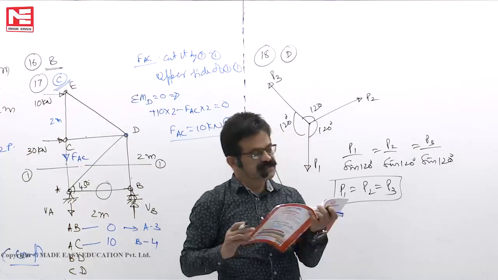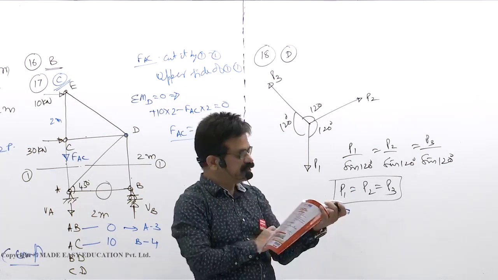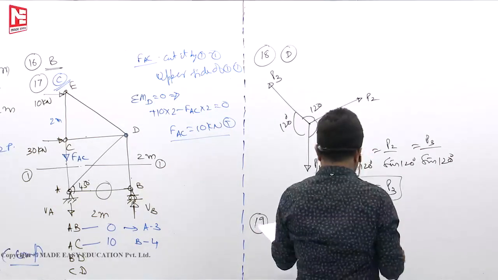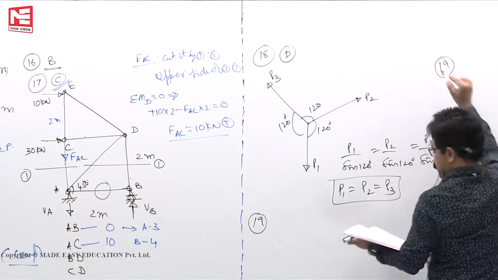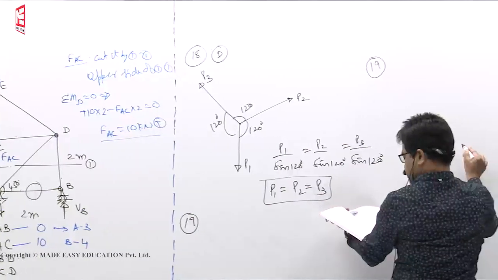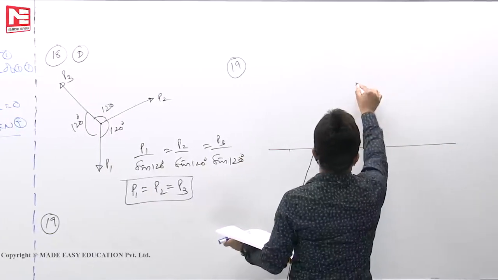Consider the following truss. Force in the member CF. CF we want to find. So this is CF. We'll draw the diagram. 19th question. 4 panels. Okay. Center.